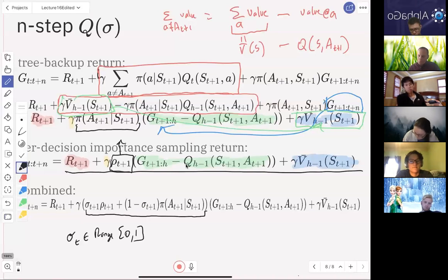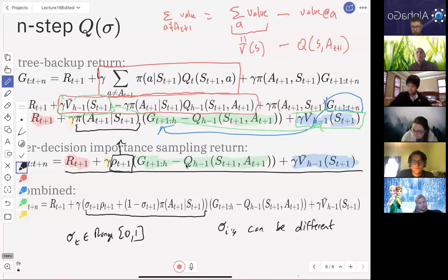So the sigma_t, the sigma_i's, let's say, can be different. So we can change our sigmas over time. Let me give you a good example. Let's say we have a behavior policy where sometimes we know the probabilities of the action it takes, and sometimes we don't.